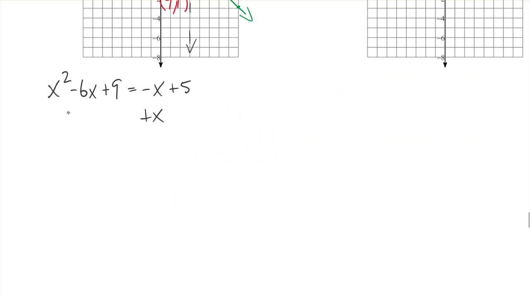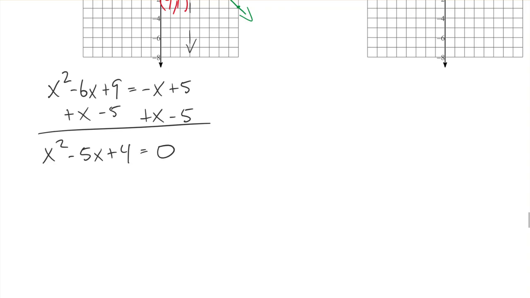We'll add x to both sides, subtract 5, x squared minus 5x plus 4 equals 0.